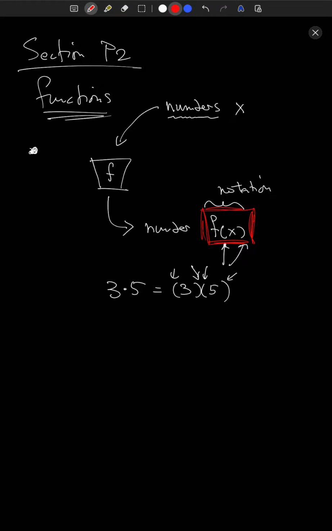It's purely notation. This f of x notation is just saying if you put the input x into our machine, then the output will be what's called f of x. So input x, output, the name of the output is f of x. You can kind of think of it that way.